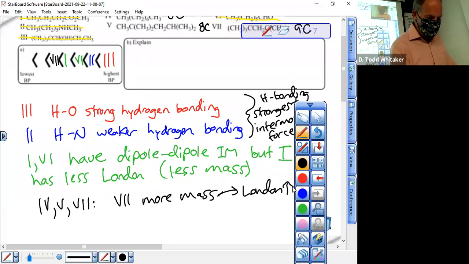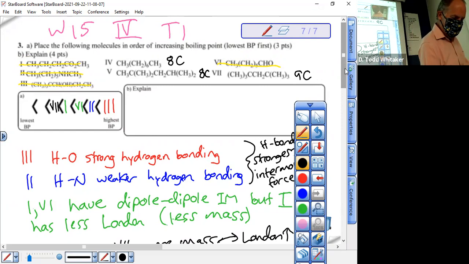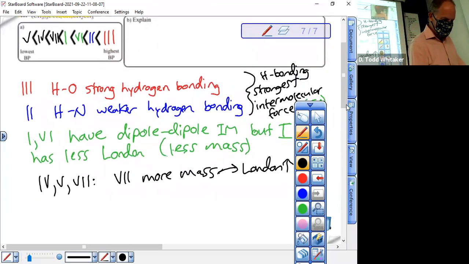And then I need to know of the two that have 8 C's, why is IV second and V first? V has branching.